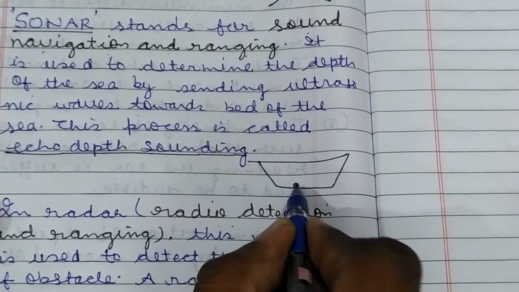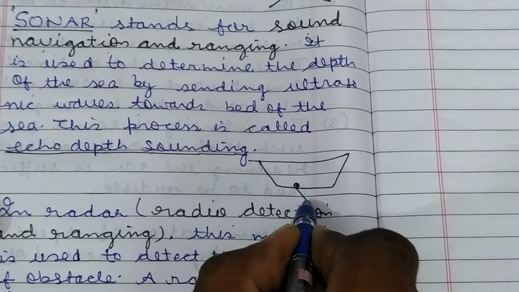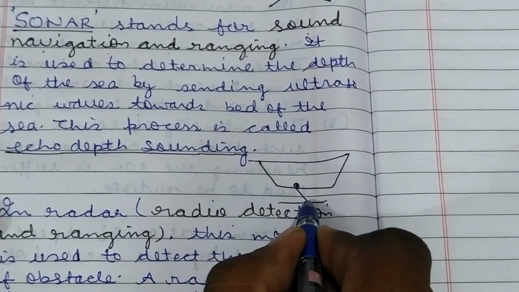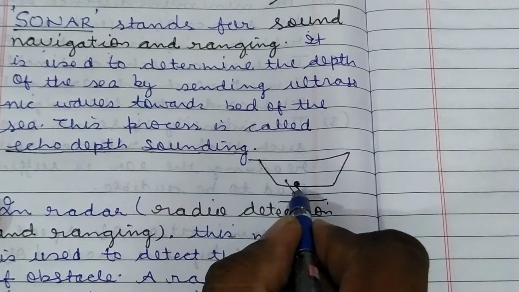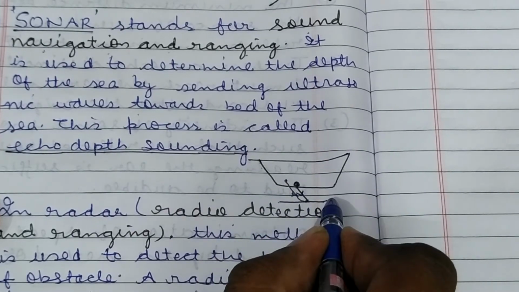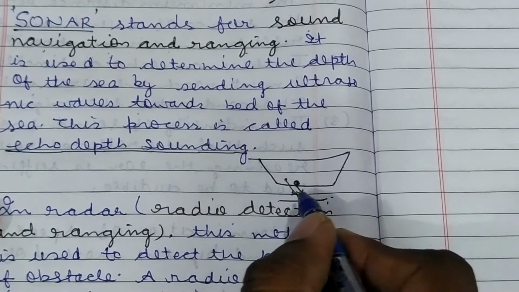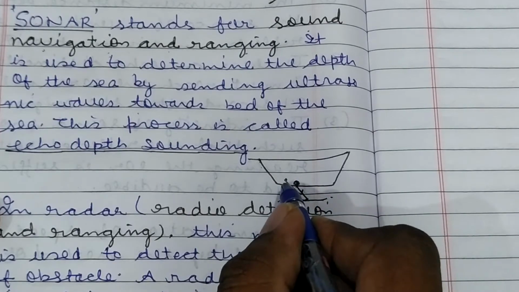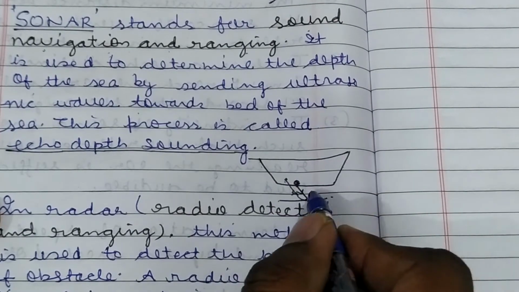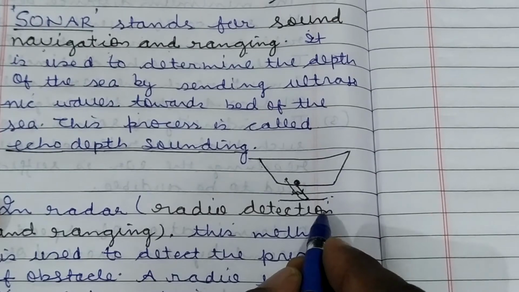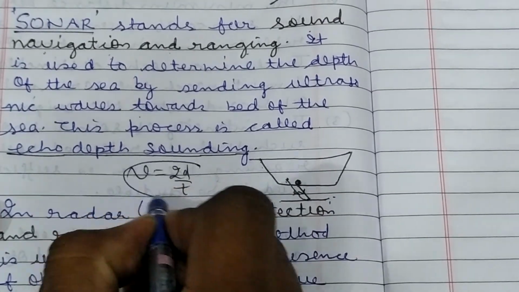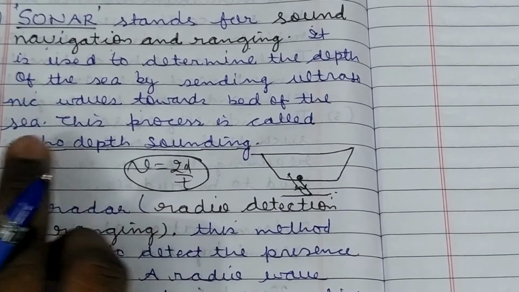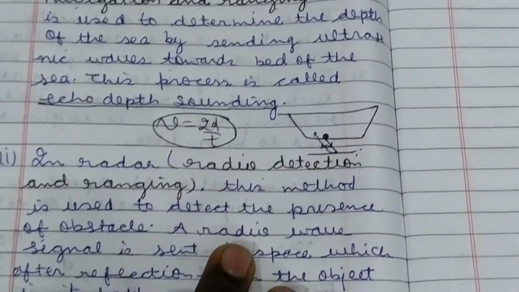The ultrasonic wave is sent towards the bed of the sea, where it strikes and returns back to the same position. If the speed of sound in seawater and the time of return of the wave are known, then you can find the depth by using the same formula v equals 2d upon t. This phenomenon is called echo depth sounding.